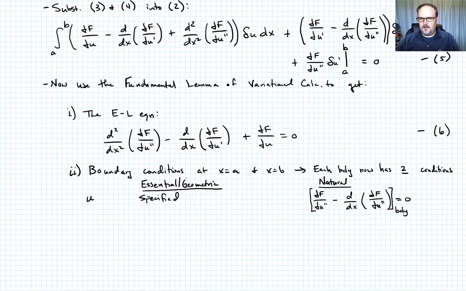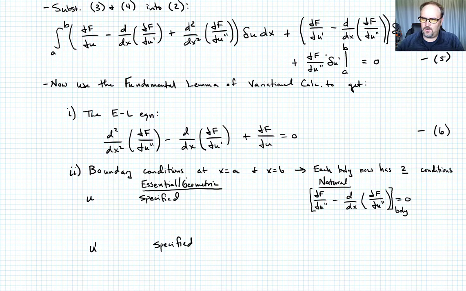Okay? The other quantity that is either specified or not is now u prime, right? So let's look at u prime here. In the essential or geometric case, u prime is specified, right? And if u prime is specified, then delta u prime, this quantity, is going to be identically 0, right? The variation there.